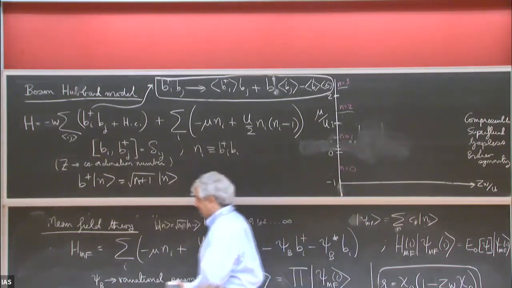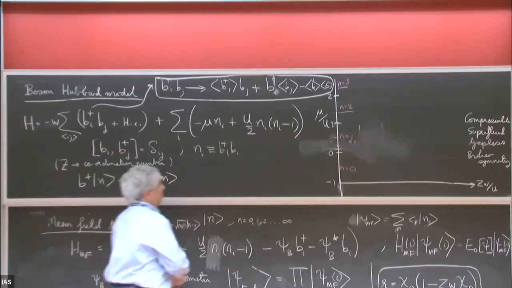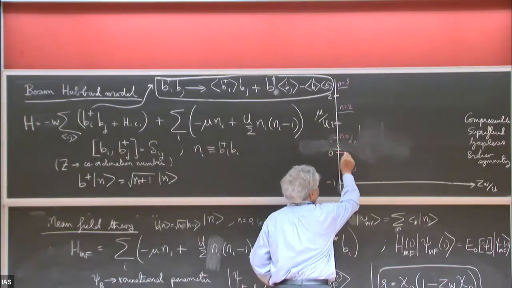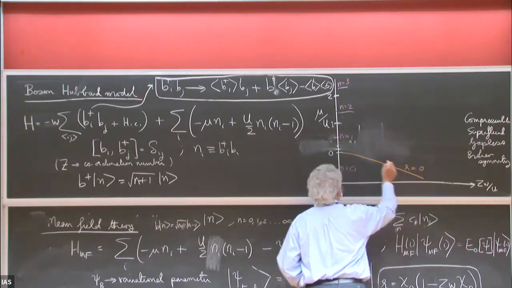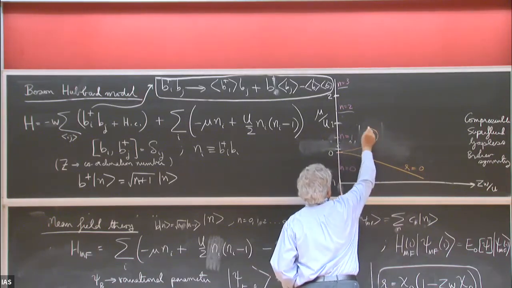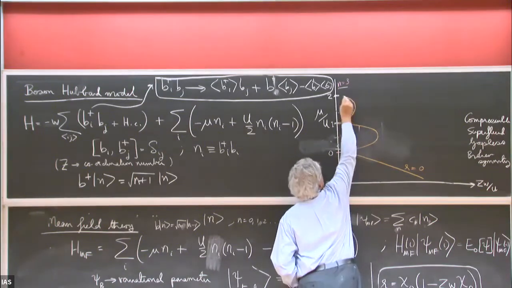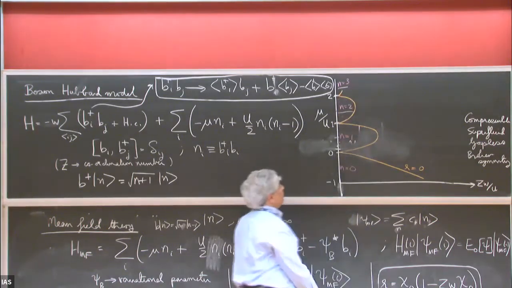So the curve looks something like this. This keeps going forever. So this is the curve r equals 0. There are many branches of it, like this, and so on.